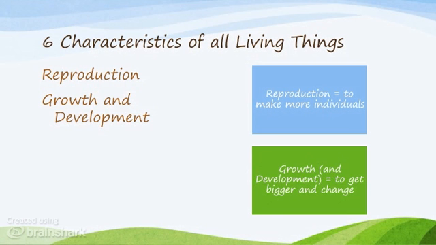Additionally, the third characteristic of life is growth and development. So this will go in the third row of the chart. It's also considered a life process. So you will also write growth and development on one of the spider's legs. Growth and development is defined as getting bigger and changing.